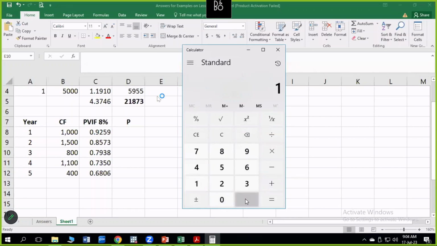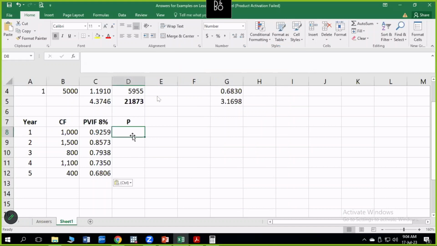For the last year, you multiply n minus 1 times. So you get 0.6805, which is an approximation. You want to take 0.6806 and not 0.6805, so the fifth digit should be rounded up to the fourth digit, making it a 6.